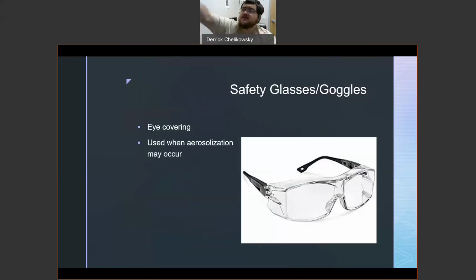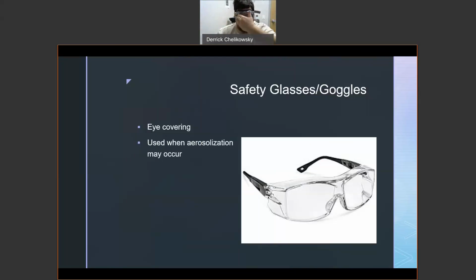Safety glasses or goggles are the eye coverings, which I have right here. When they go over your eyes, they are to prevent aerosols or water from entering. Right, like that. And then let's put that over like that.